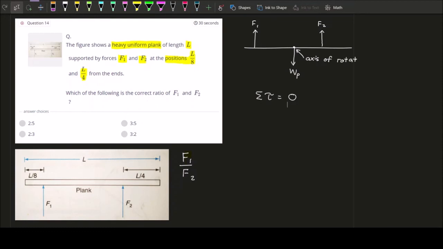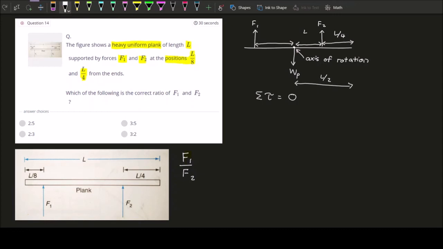If we put this point as our axis of rotation, let's try to label all the distances from the axis of rotation. So how much is this distance? How much is this distance? Well, you know this distance here is L over 4. Then this distance here is half of the plank, so it should be L over 2.